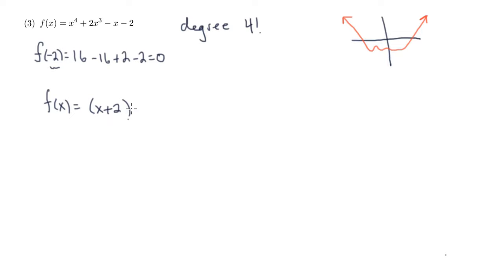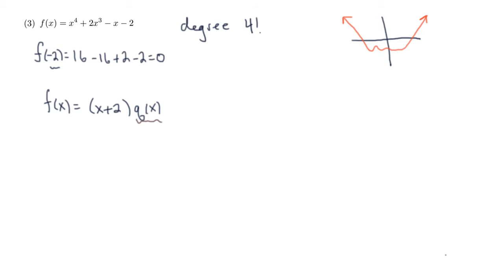Okay, so basically a factor that if I plug in negative 2 gives me 0, a linear factor, times some other polynomial. And what I need to do is actually figure out what this other polynomial is. And this other polynomial is going to be the quotient when I divide f by x plus 2.